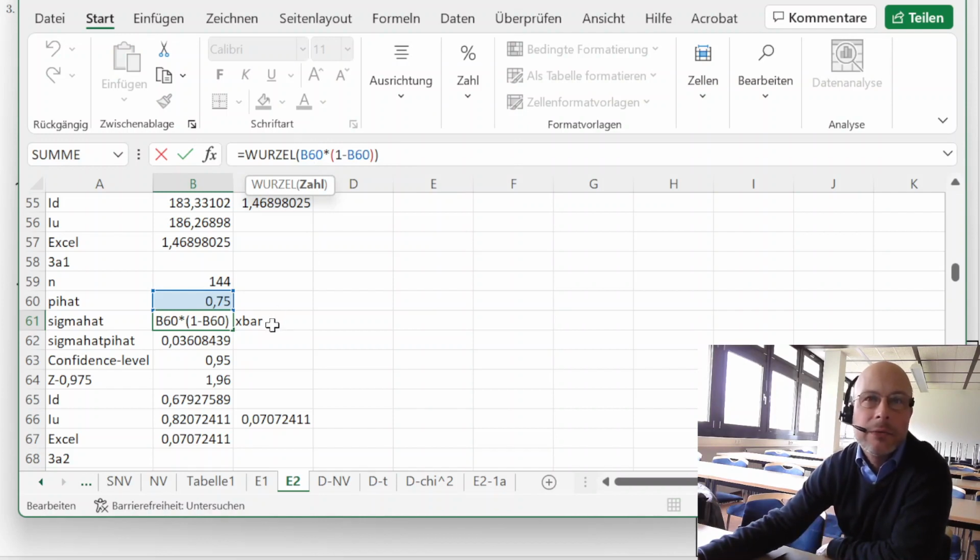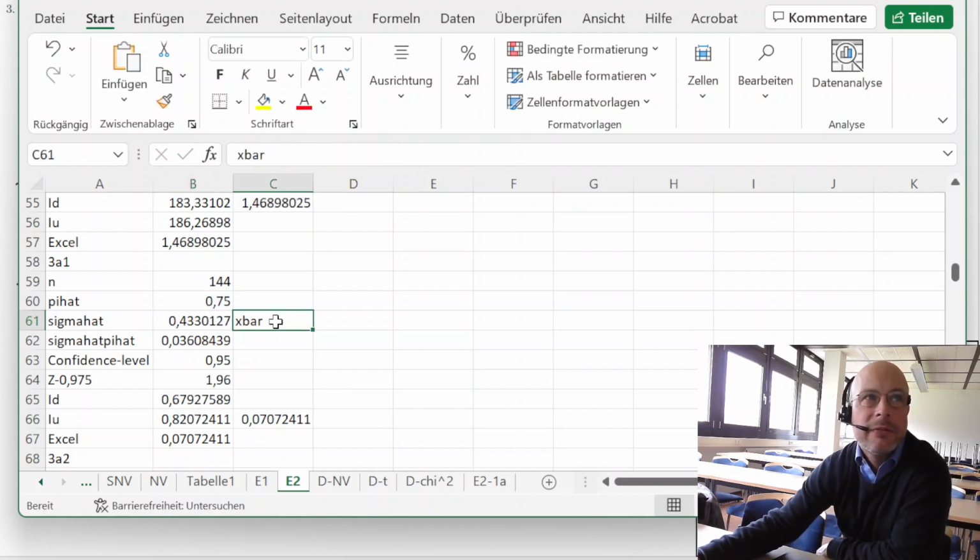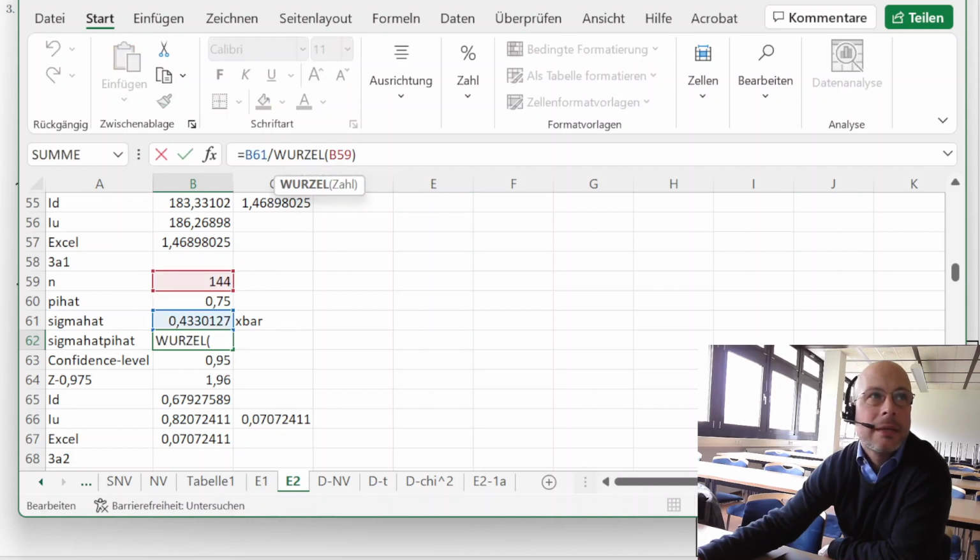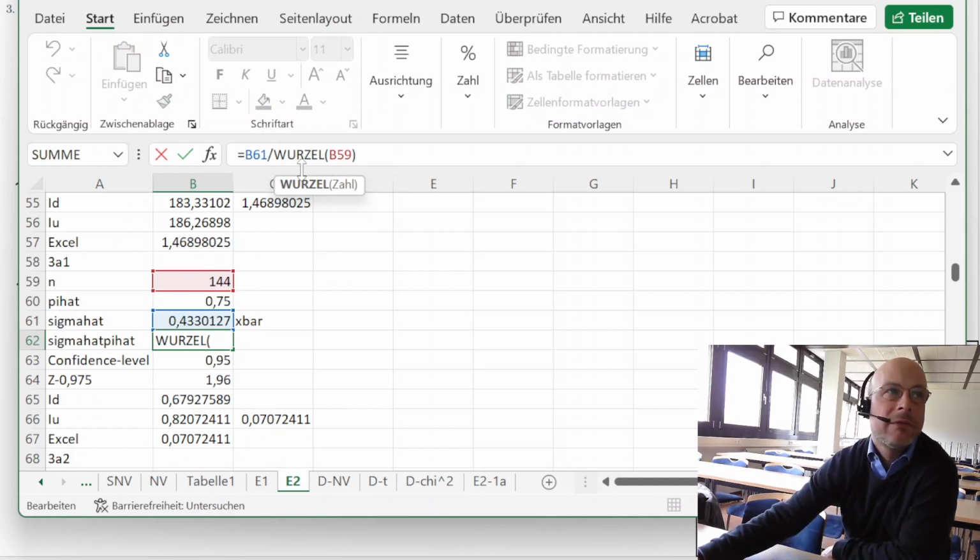For a Bernoulli experiment, this is just equivalent to the arithmetic mean. And then we have to divide this by the square root of the sample size, so divided by the square root of 144.